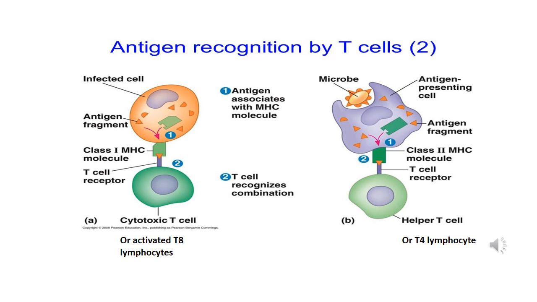So in both cases, T8 and T4 recognize antigens carried by MHC or HLA. T8 recognizes the antigen carried by HLA class 1. T4 recognizes the antigen carried by HLA class 2.